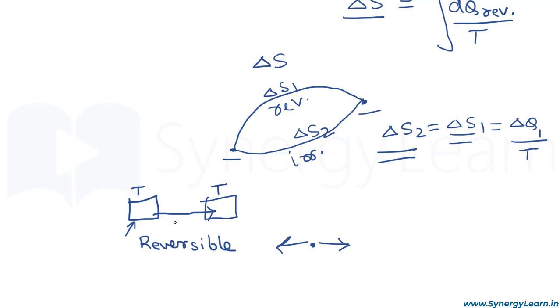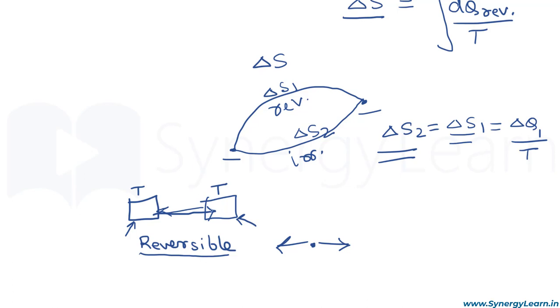Now if I reverse the condition slightly, that is, now I supply the heat to the second body, then the direction of flow of heat will also get reversed. That is, heat will flow from the second to the first. So this will be called a reversible process.